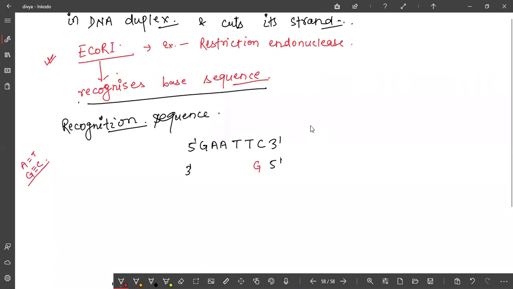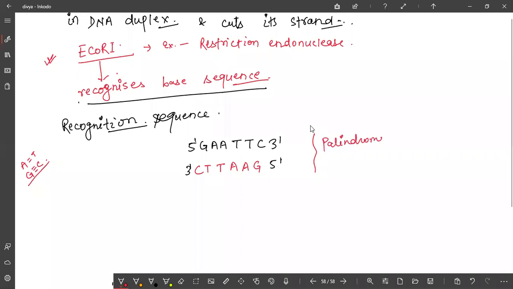C. Okay, Deepika. So this is C, T, T, A, A, G. So this is a palindromic sequence.